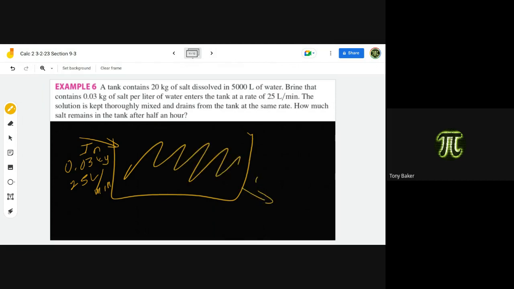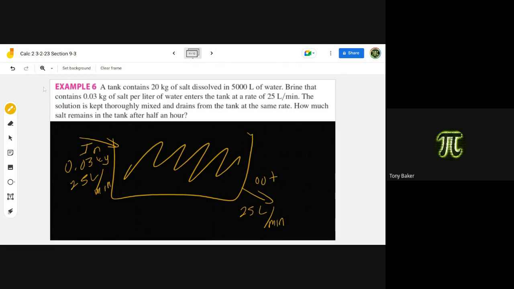And then my out is also 25 liters per minute, but it's whatever's in the tank. Because that water is coming in, being mixed around, and then there's water coming out. So the coming out is not 0.03 kilograms. I don't know what that is. That's whatever the mixture of the tank is at the time. Does that make sense?